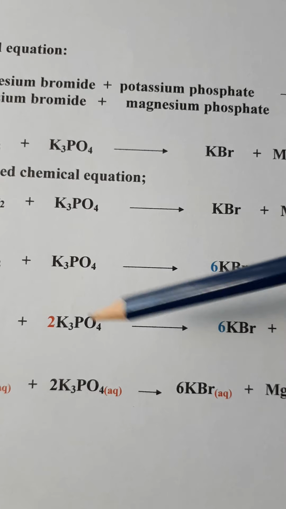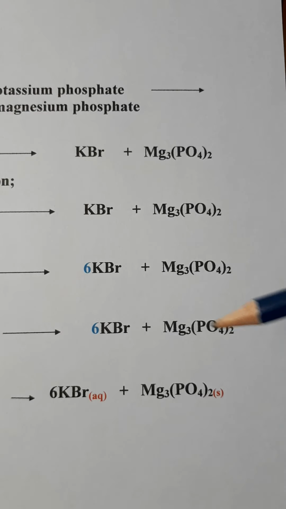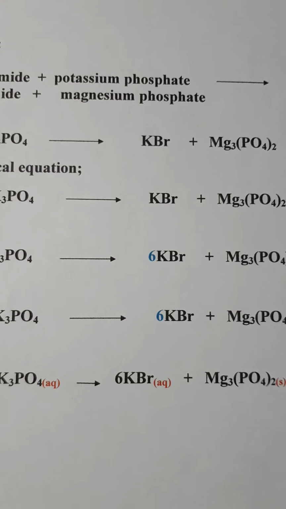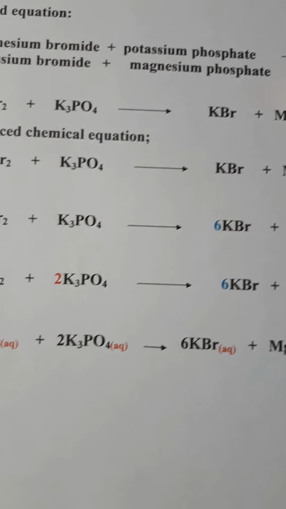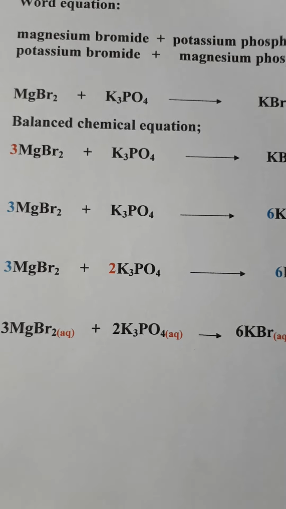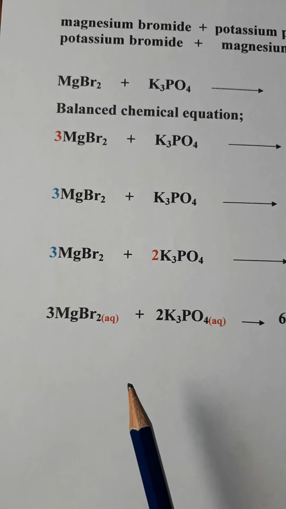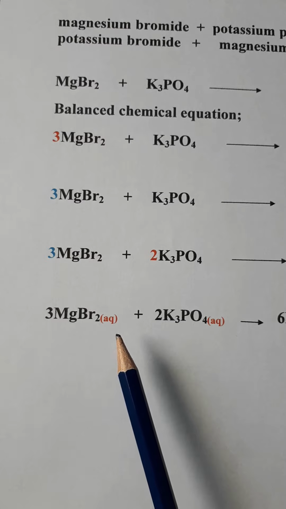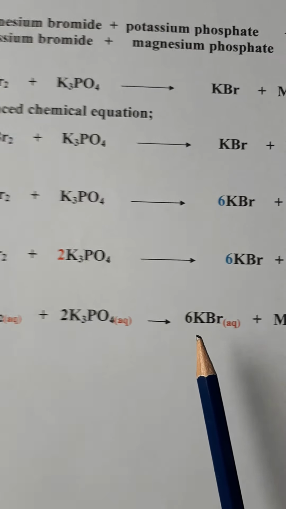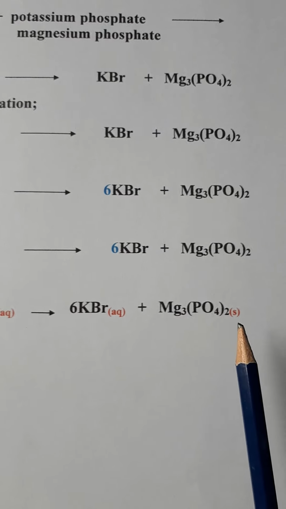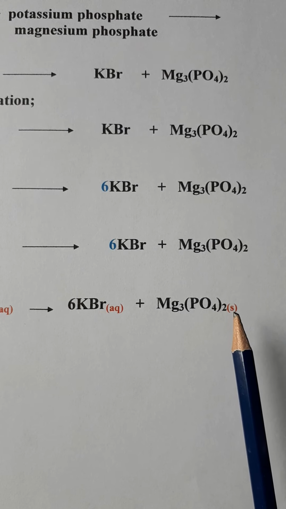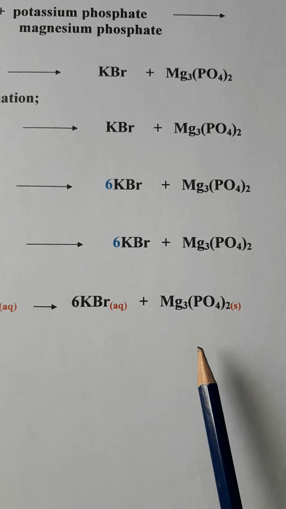PO4, 2 of them, PO4, 2 of them. So now we have the final balanced chemical equation. Now we can finally put the state symbols. Aqueous, dissolved in water, aqueous, aqueous, and this white color solid again.